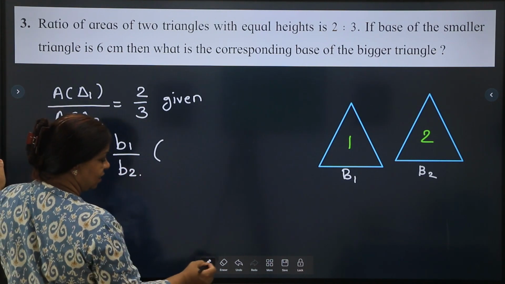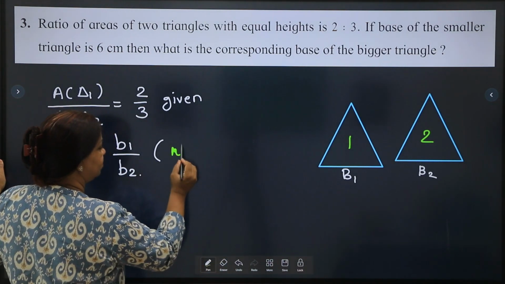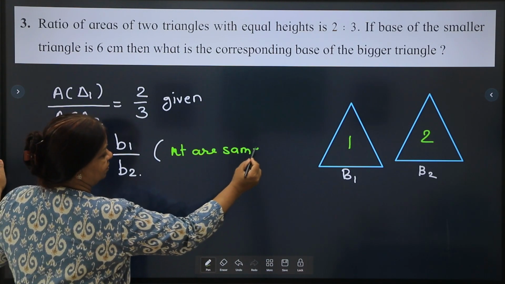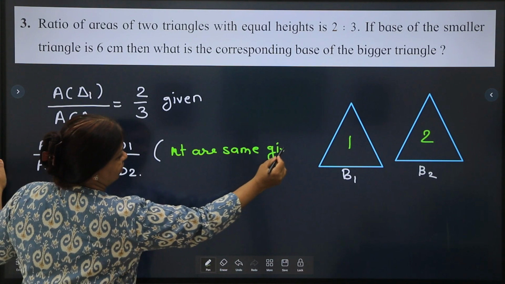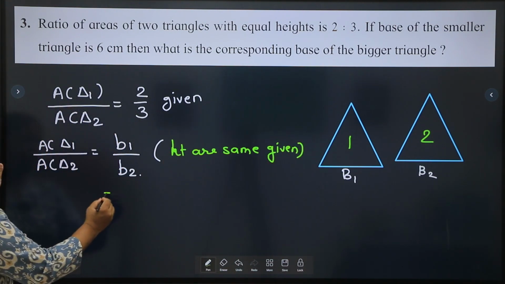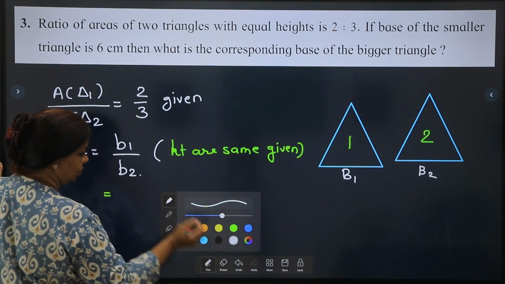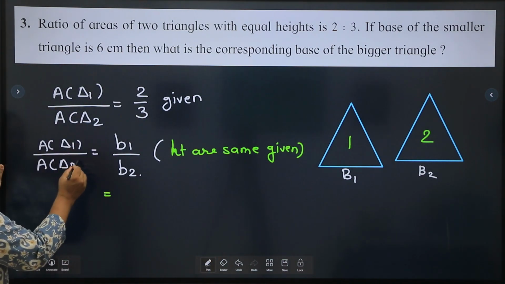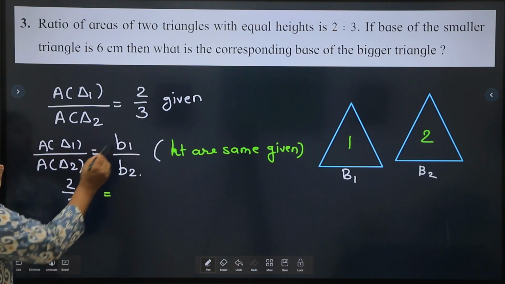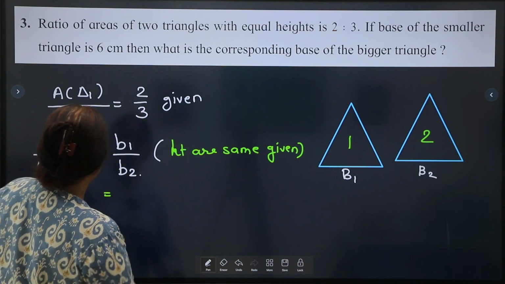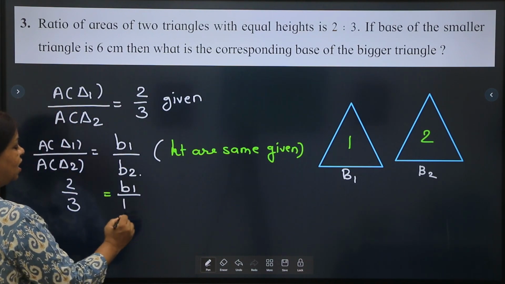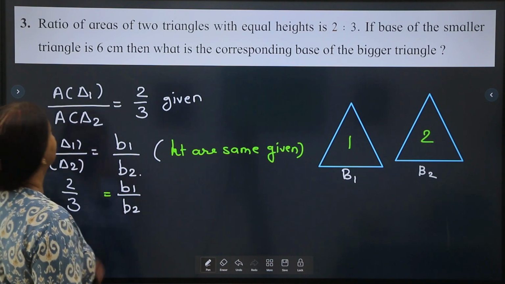Why is it like that? Because heights are the same and it is given. Therefore, area of triangle 1 upon area of triangle 2 is 2 upon 3, which is equal to base of one triangle upon base of second triangle.